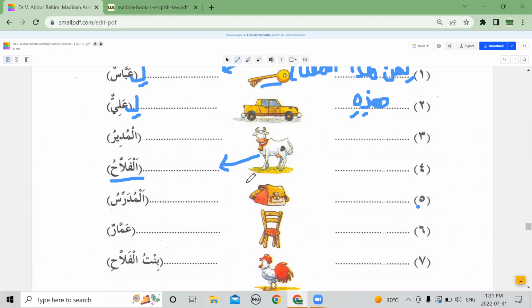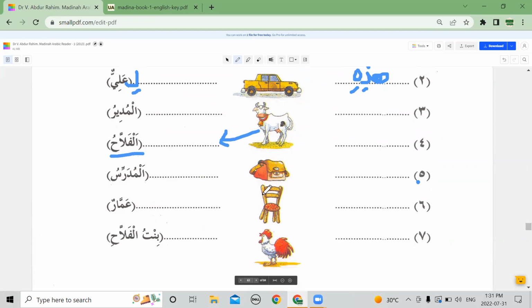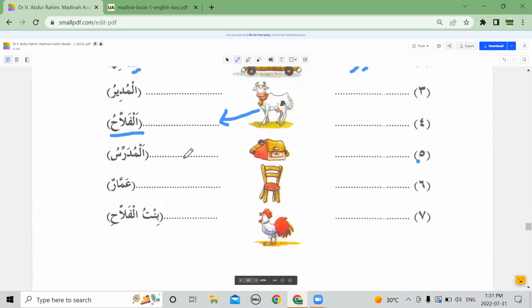Ma'am, yes. Go ahead, Zainab. Why have they written al-mudarrisu?